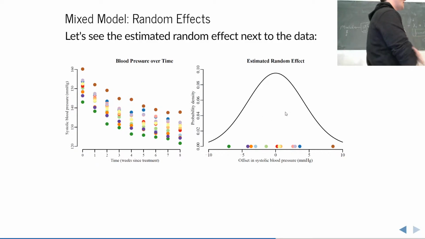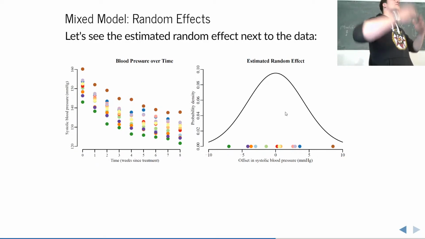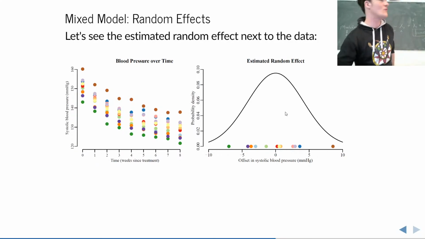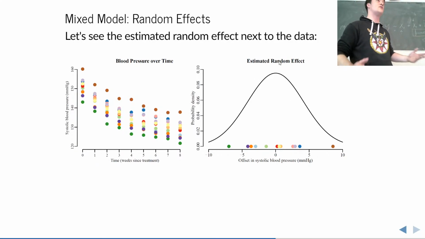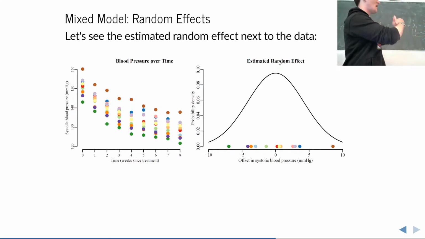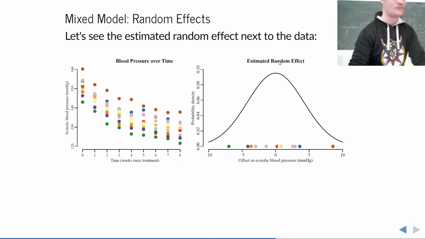And remember what I said earlier, it's not just that we're using fewer degrees of freedom, but now if I have a patient that has never been measured, I can estimate where they would fall on the line by saying, okay, the random effect average is 0, so I will say 0, and I can express the variance of this random effect to predict how far from the relationship this person will be with a certain percentage of confidence.